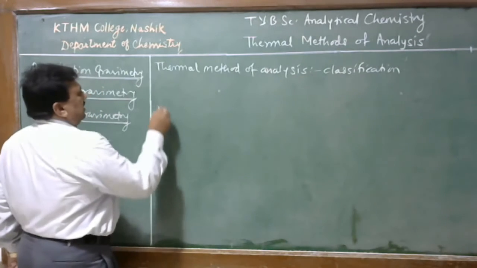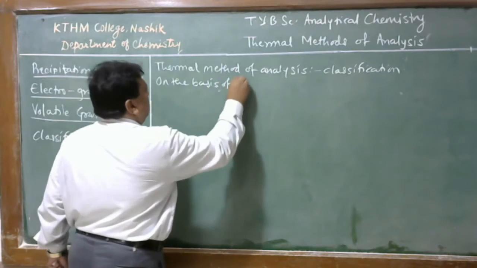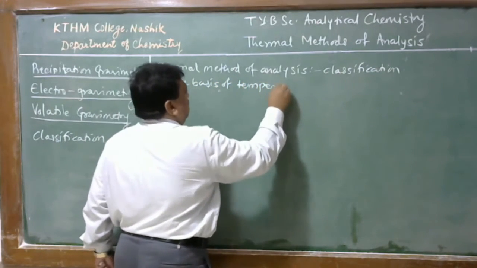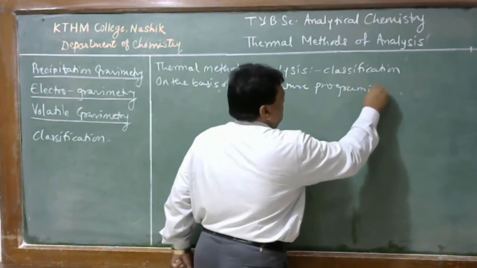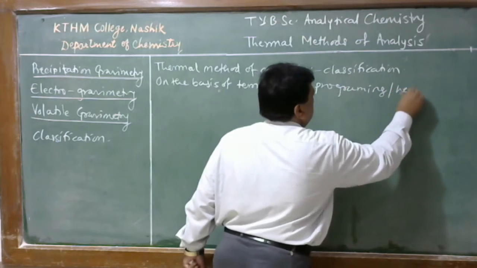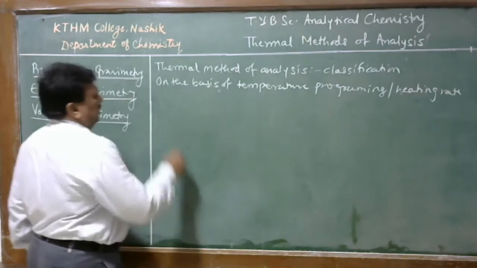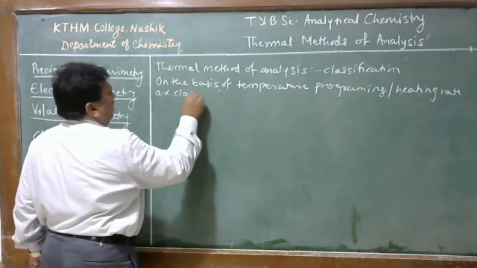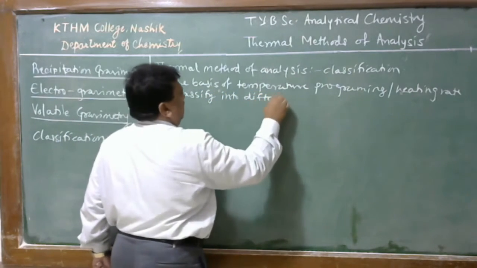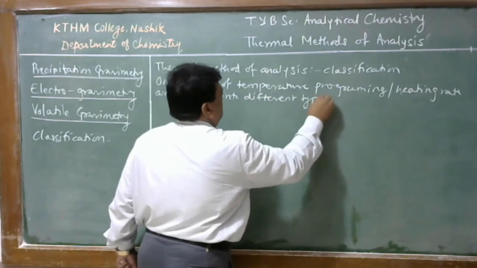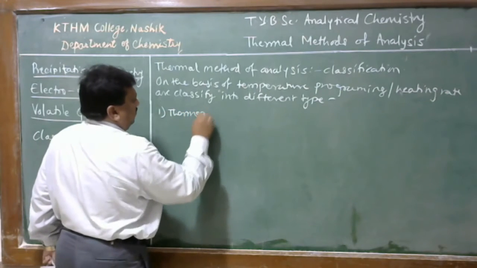Thermal methods of analysis are classified on the basis of temperature programming or heating process or heating rate into different types, and the first type is called thermogravimetric analysis.